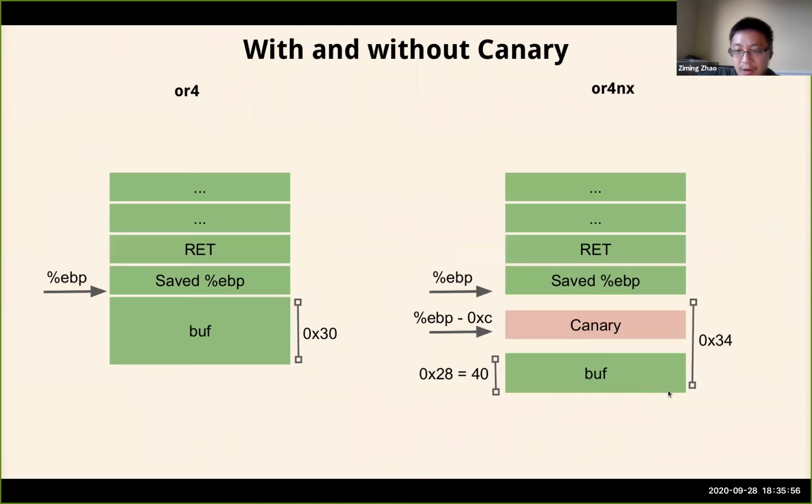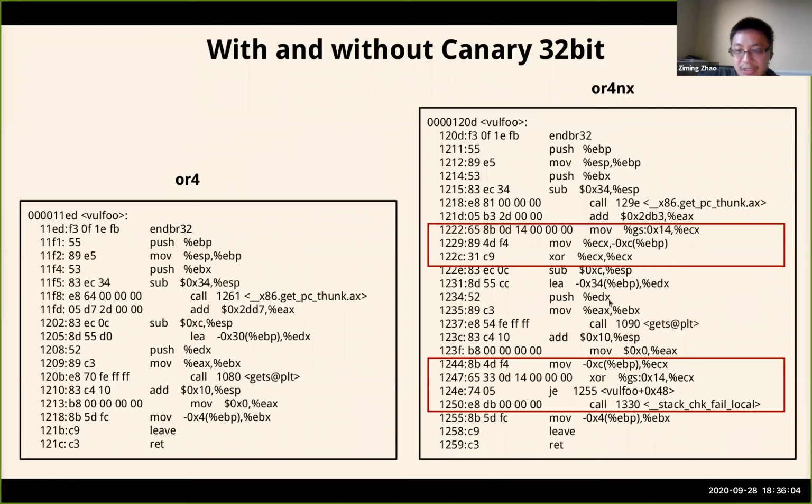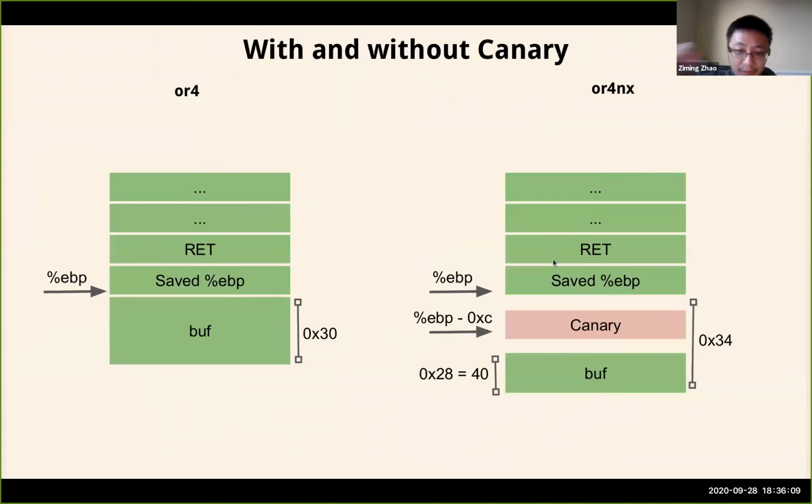So this is where our buffer is. However, not everything is our buffer. Our canary is actually at EBP minus C. If you use GCC, the canary is always here. Which means the beginning of the buffer to the canary is actually 40 bytes.